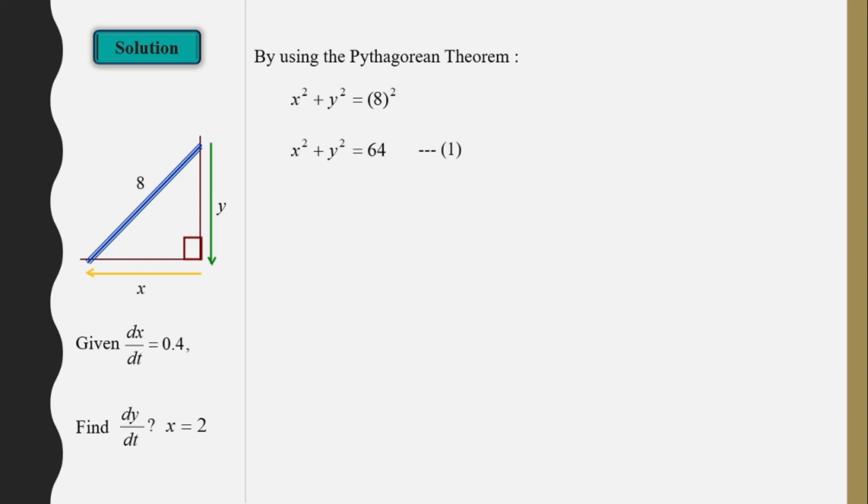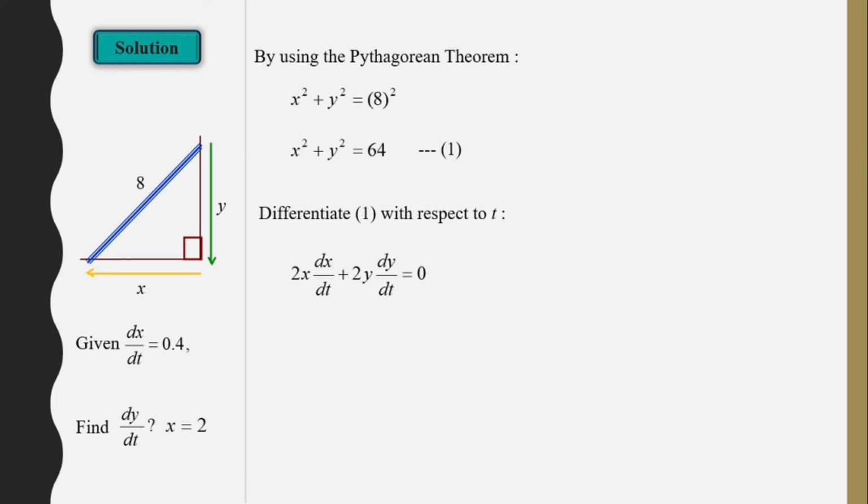Next, we differentiate both sides of equation 1 with respect to t by applying implicit differentiation. So, we get 2x times dx/dt plus 2y times dy/dt equal to 0.